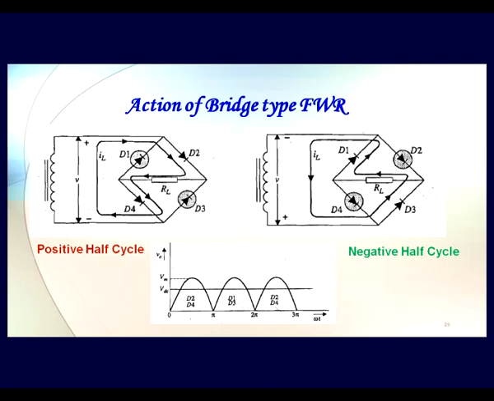So the same way as we had for our earlier center tap transformer, we do have here also both the half cycles treated as positive vis-a-vis the load, and that's why once we are getting conduction through D2, D4, another time we are getting conduction through D1, D3, but the resultant is the same.